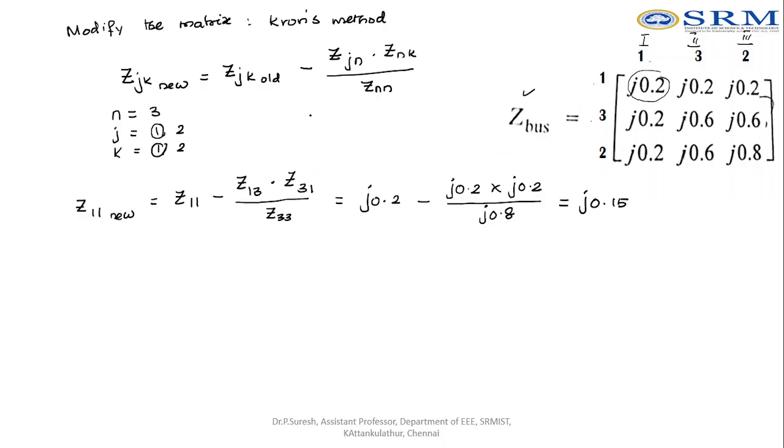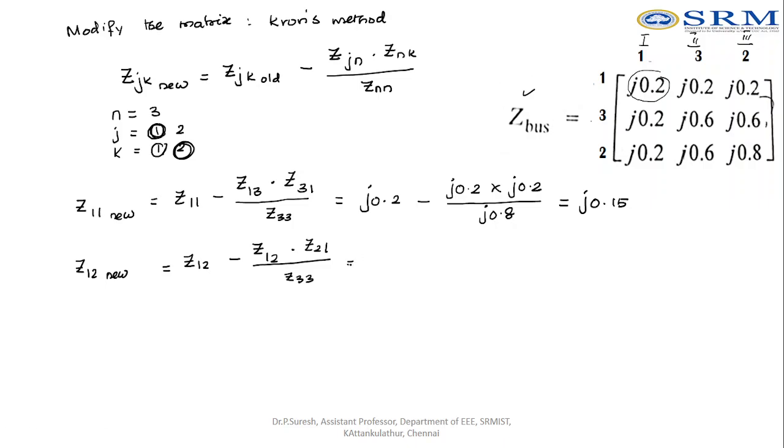Now, in the 2 by 2 matrix, the first element is identified. Now we are going to identify the second element. For this case we have to consider j equal to 1, k equal to 2. If you substitute j equal to 1, k equal to 2, then Z12 new is equal to Z12 minus Z, where j value is 1 and k value is 2 in Z13 multiplied by Z32, divided by Z33.